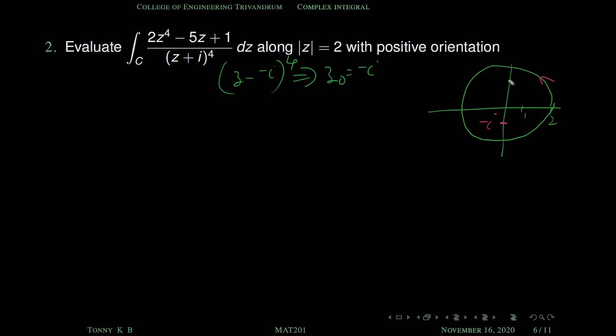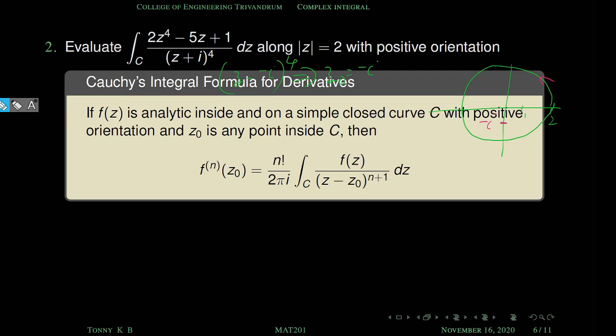This is a positively oriented circle, and z naught, that is minus i, is inside C. So it satisfies all the conditions of Cauchy's integral formula. Also, what is our f of z? Our f of z is 2z raised to 4 minus 5z plus 1. It is clear that f of z is a polynomial, so it is analytic everywhere.